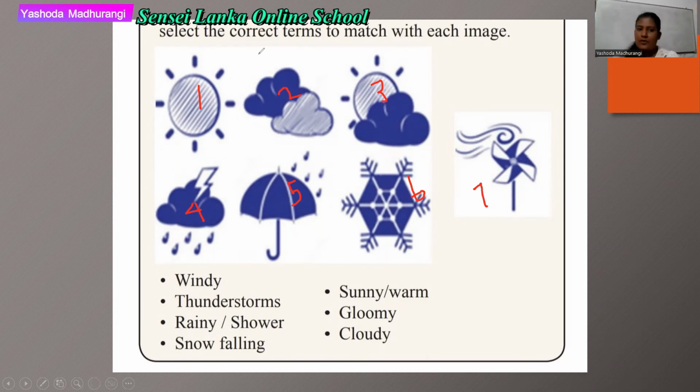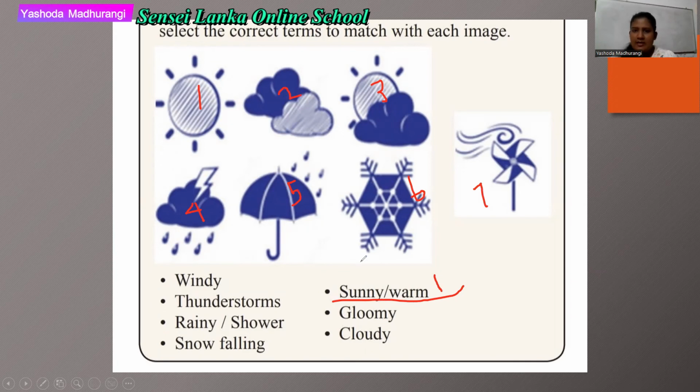So now, what is number 1? You can see the sun. So it is sunny, warm. It is number 1. Then in the second one, no sunlight.